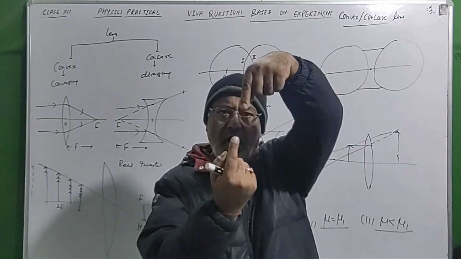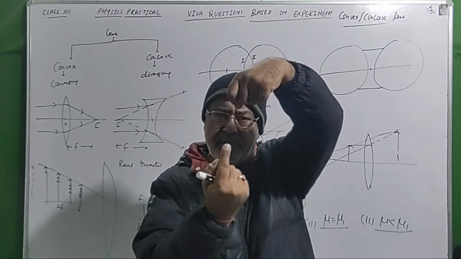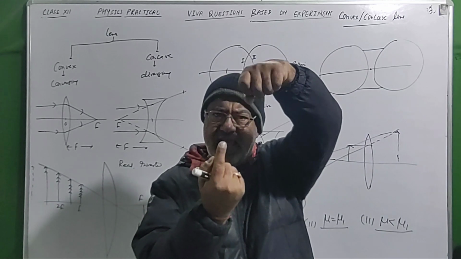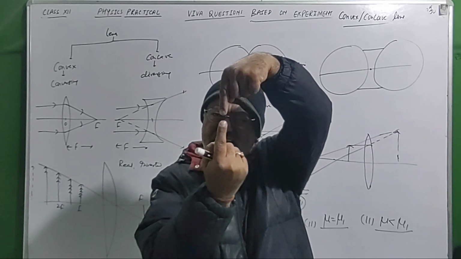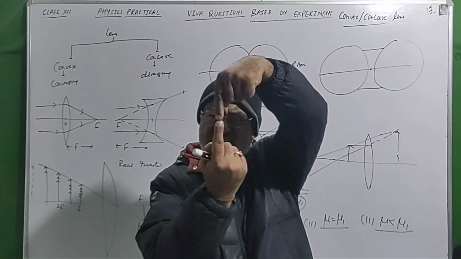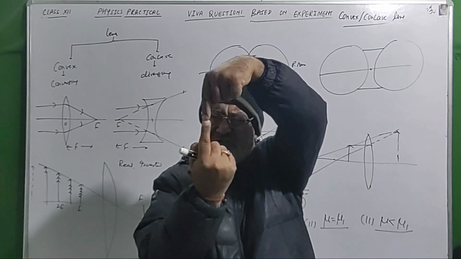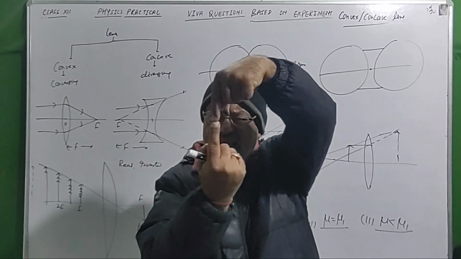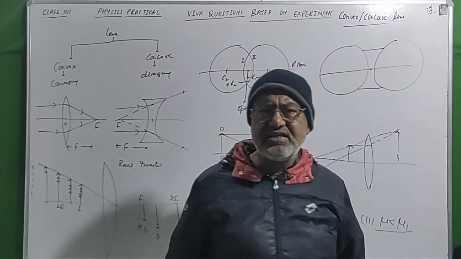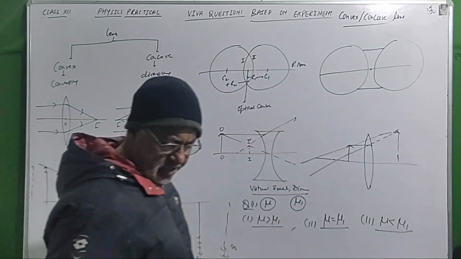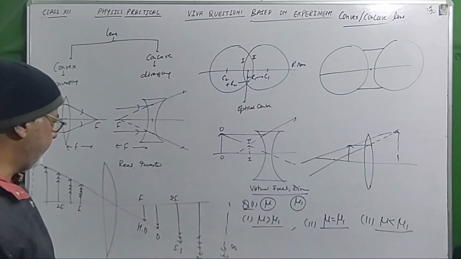How do we remove it? By changing the distance between the object pin and the lens. If we move our head and the image moves along with our head, this is the removal of the parallax. This is the exact point at which we can take the calculation.